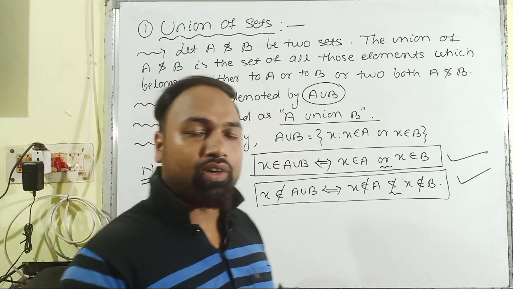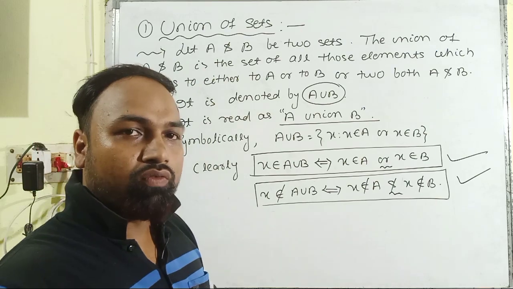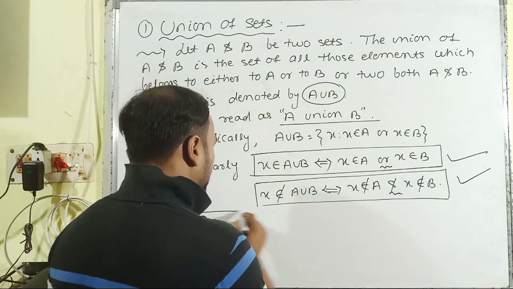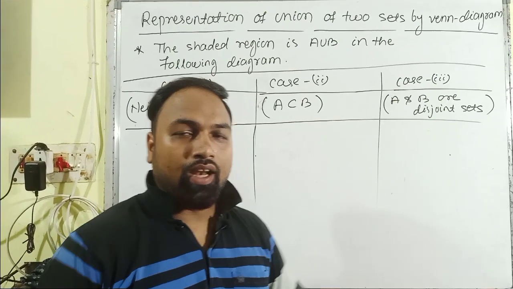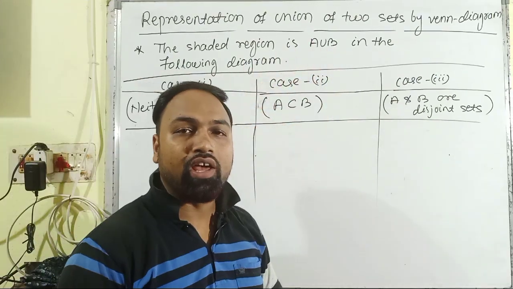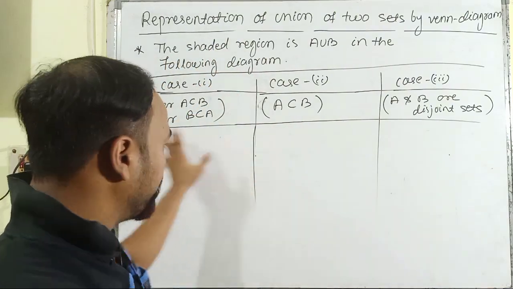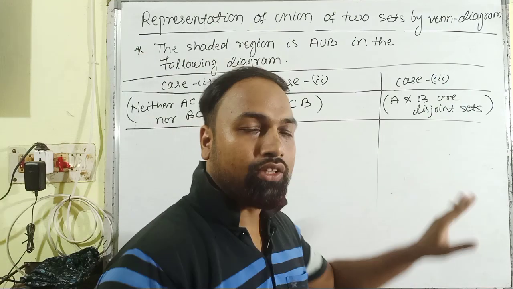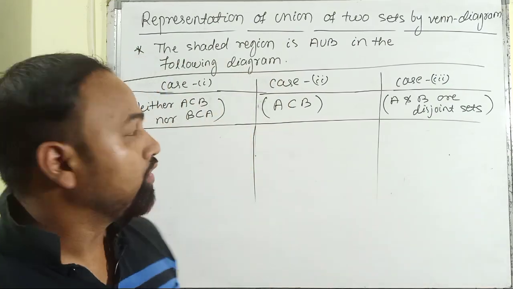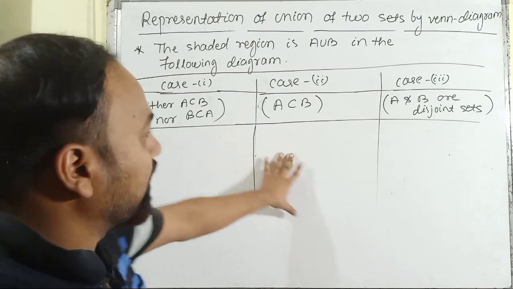Then moving towards the representation of union of two sets by the Venn diagram method, and then some examples. The shaded region is A ∪ B, that means we will draw some Venn diagrams here, and the shaded portion will be the representation of A ∪ B. I have taken three categories here.